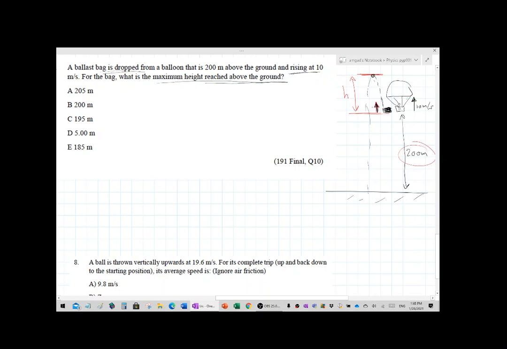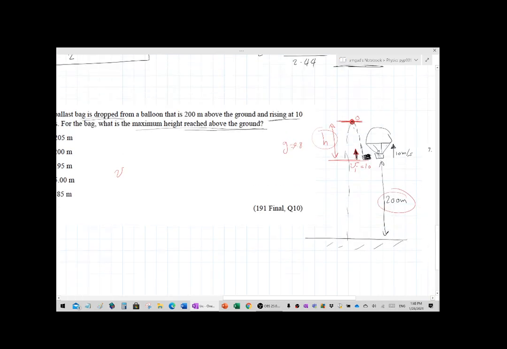I have the initial speed vi, which is 10. And what is the speed at the maximum height here? 0. Okay. I need to calculate the height. I have initial speed, I have final speed, and I know the gravity. Gravity is 9.8. So which equation can I use? I can use the third equation, v square.